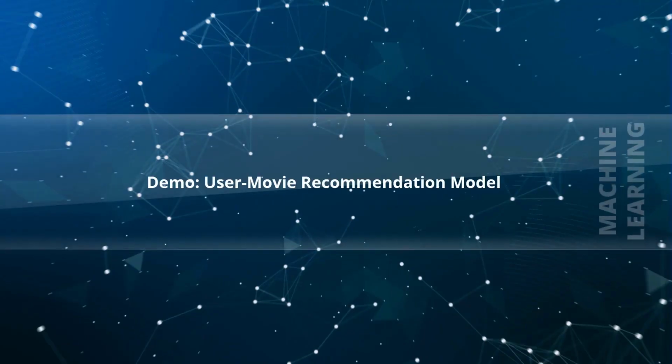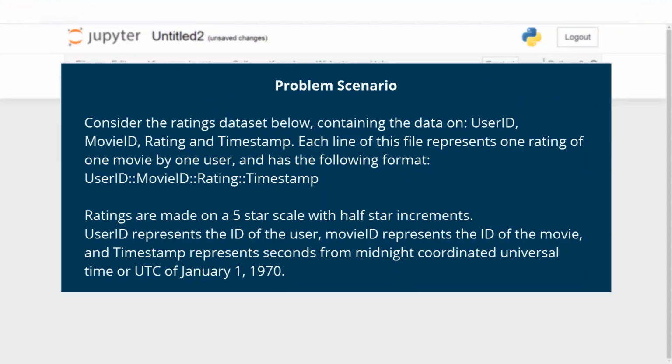Demo: User Movie Recommendation Model. Problem scenario: consider the ratings dataset below containing the data on user ID, movie ID, rating, and timestamp. Each line of this file represents one rating of one movie by one user and has the following format: user ID, movie ID, rating, timestamp.